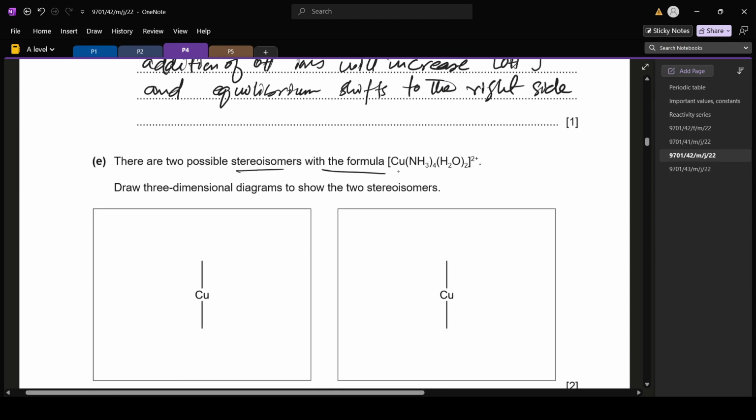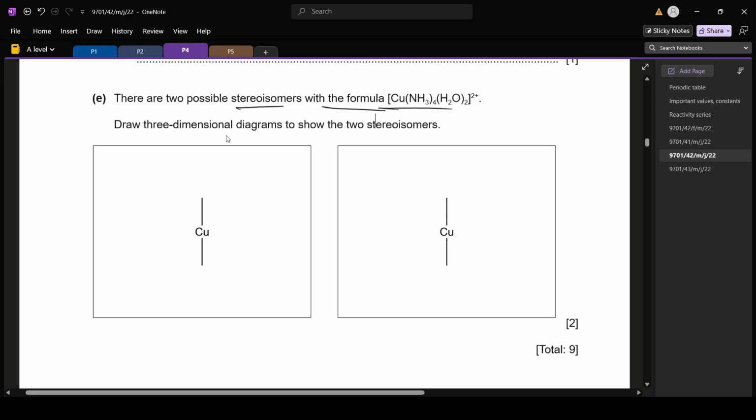There are two possible stereoisomers with the formula of this complex. Draw the three-dimensional diagram to show the two stereoisomers. There are six ligands: four ligands of ammonia and two ligands of water. The shape will be octahedral in both.